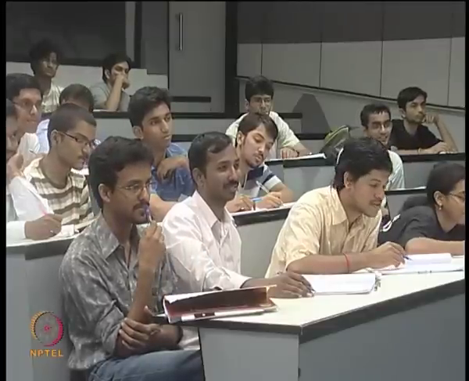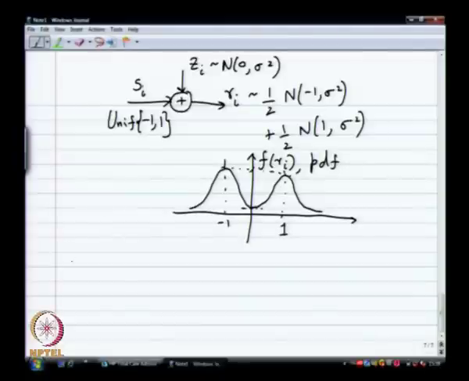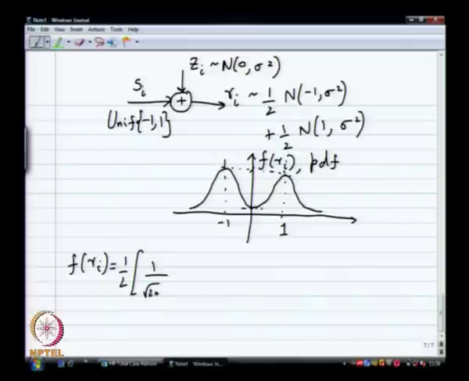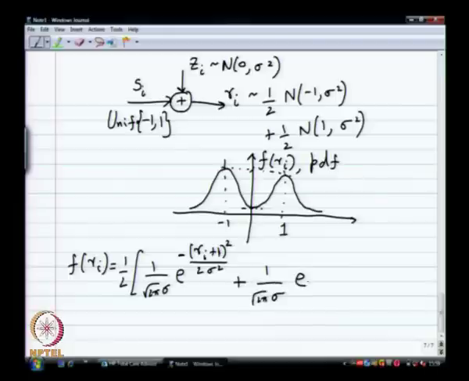Anyway, hopefully you know enough about normal distributions to compute these two points. You have to write the expression. So f of Ri will basically be this expression: half, 1 by root 2 pi sigma, e power minus (Ri plus 1) squared by 2 sigma squared, plus 1 by root 2 pi sigma, e power minus (Ri minus 1) squared by 2 sigma squared.